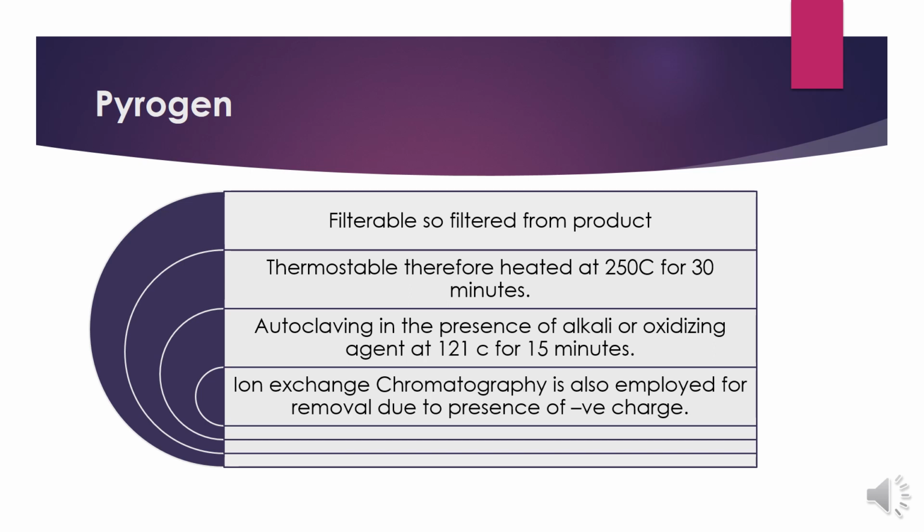One of the efficient methods for removal of pyrogen is ion exchange chromatography, which is also preferred for the preparation of deionized water for parenteral preparations or even pharmaceutical preparations. So this method is preferred for preparation of DI water, which also helps to remove pyrogen from your preparation.